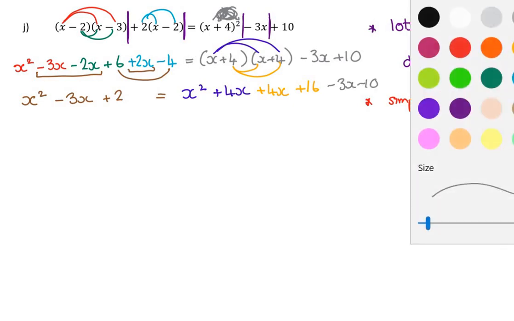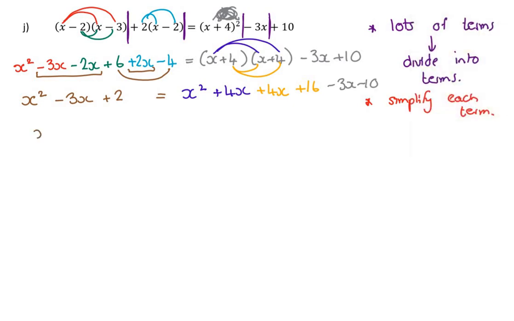Now again, I would probably neaten up the right hand side now, because it's a bit messy and I don't actually want to work with it that way. So this is x squared, plus 8x, 8x take away 3x is 5x, and 16 take away 10 is 6.